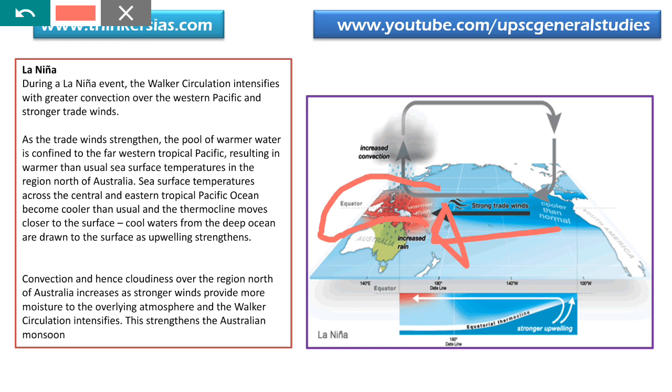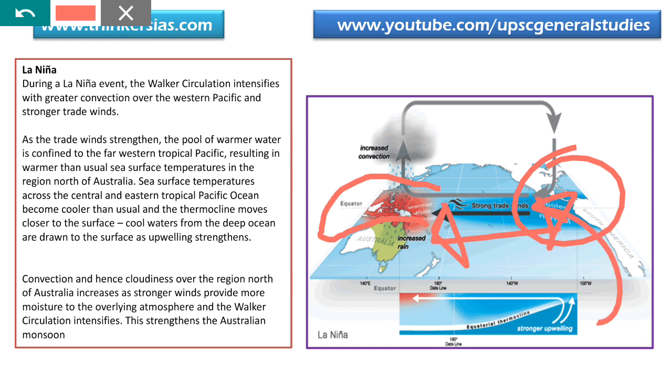As the trade wind strengthens, the pool of warm water is confined to the far western tropical Pacific, resulting in warmer than usual sea surface temperature in the region north of Australia. Sea surface temperature across the central and eastern tropical Pacific Ocean becomes cooler than usual, and the thermocline moves closer to the surface. Cool water from the deep ocean is drawn to the surface as upwelling strengthens.